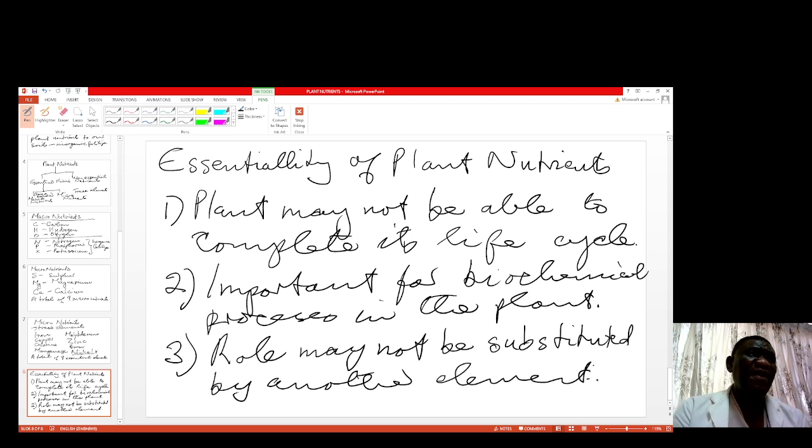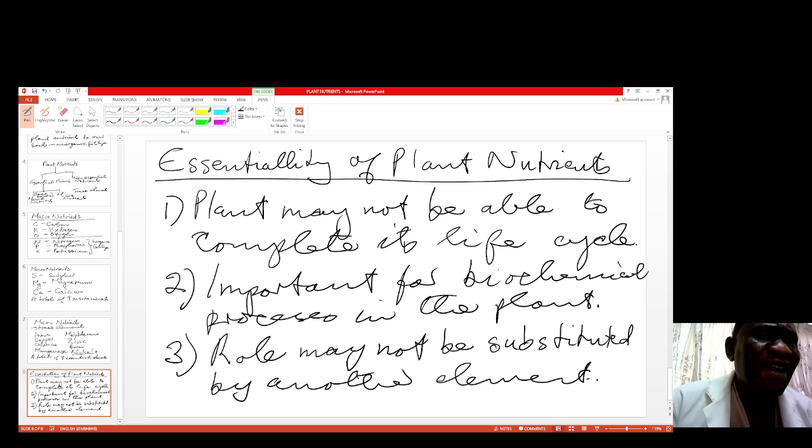So it is actually important to note the criteria for saying this is an essential nutrient, because we do have a lot of these elements. So what we are going to do is just to highlight the importance of each of these elements.